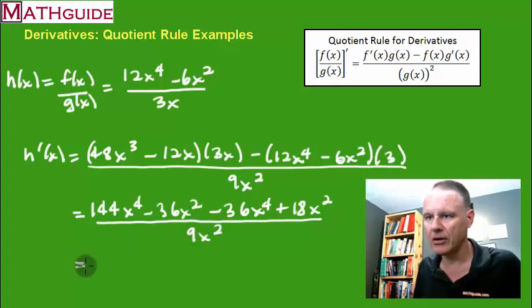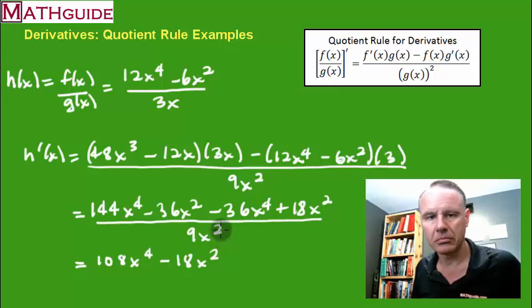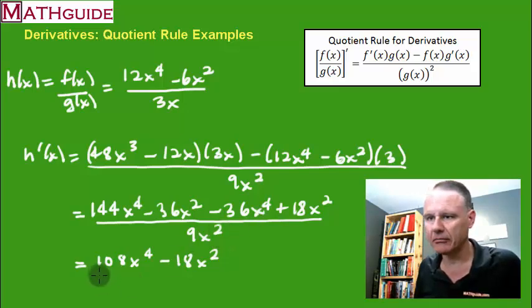Moving along, combining some like terms: 144 minus 36 is 108. Negative 36 plus 18 is a negative 18. We're just simplifying, combining like terms, all over the 9x squared.